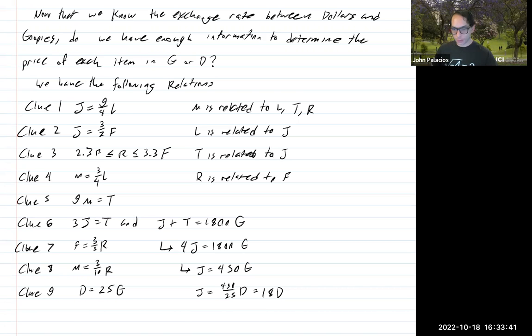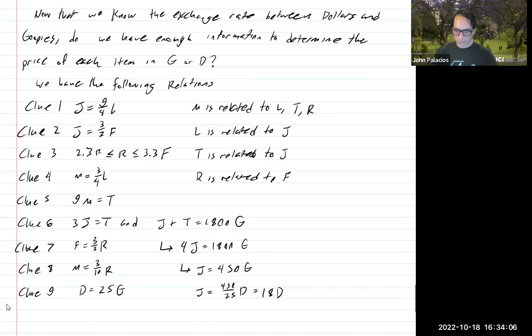So now that we know the exchange rates between dollars and goopies, do we have enough information to determine the price of each item in goopies or dollars? Through the various clues, we found relationships between the prices of individual items. These relationships are not distinct.